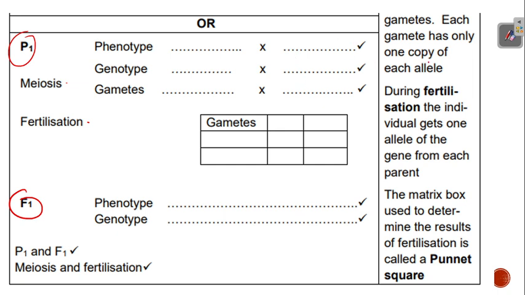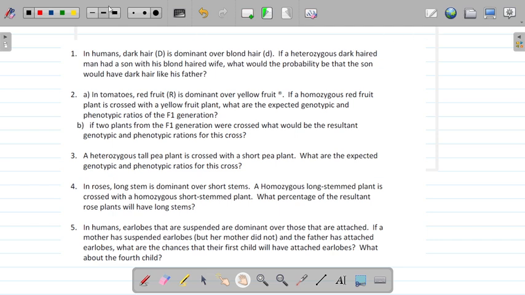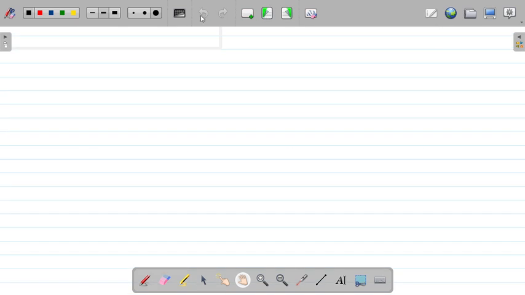So let's remind ourselves very quickly of certain words before we get into monohybrid crosses. From your mother and your father, you receive the allele. Let's say, for example, you receive the tall allele from your father, and from your mother you receive the short allele.